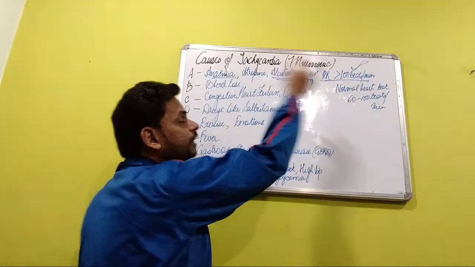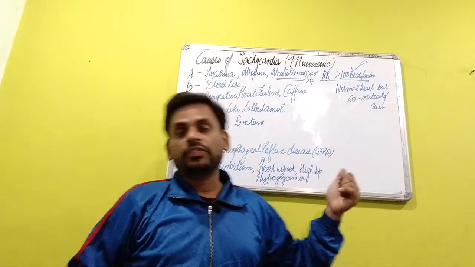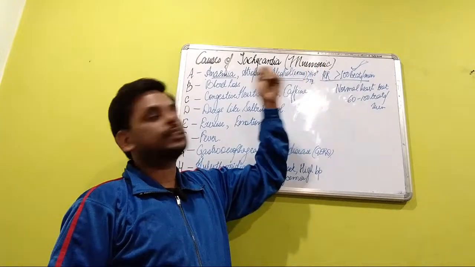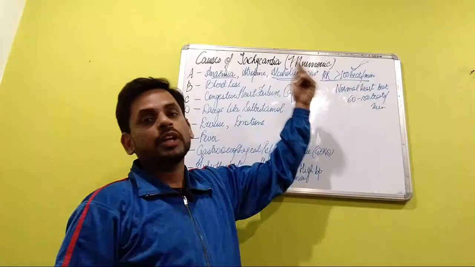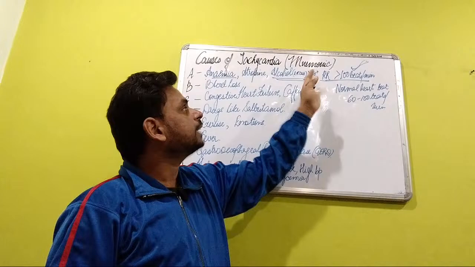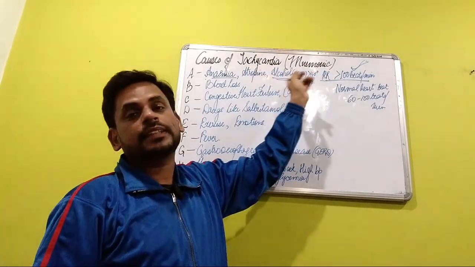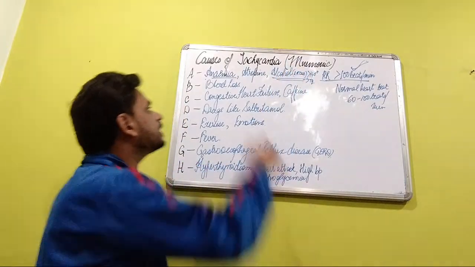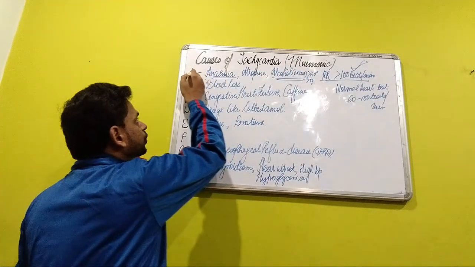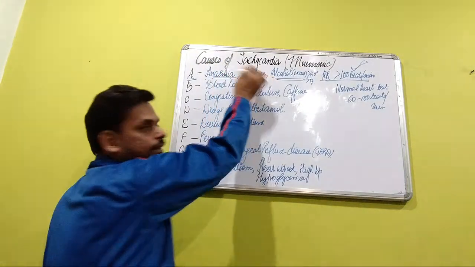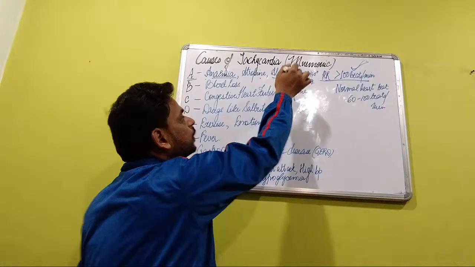Apart from this, if the person is consuming excess alcohol, for example, it's mostly said that more than 14 drinks for males and more than 7 drinks for females, this kind of excess alcohol can precipitate tachycardia. So the A of the mnemonic refers to anemia, atropine, which is a drug, and alcohol excess.